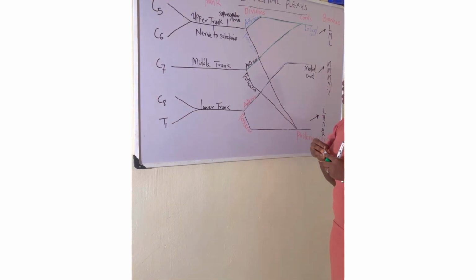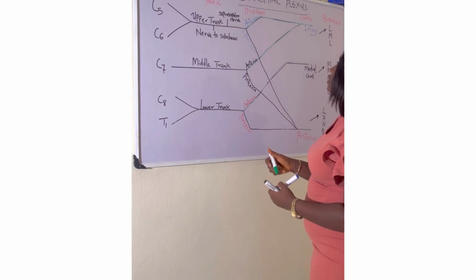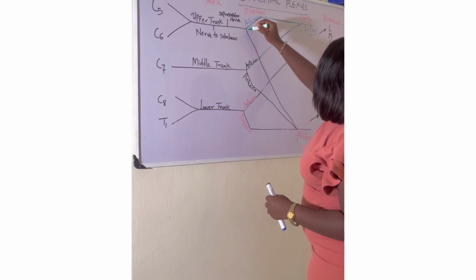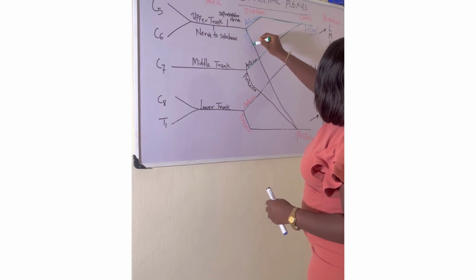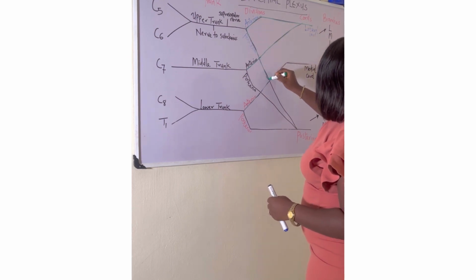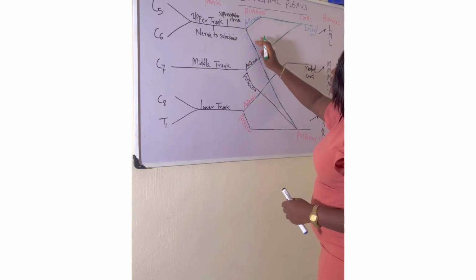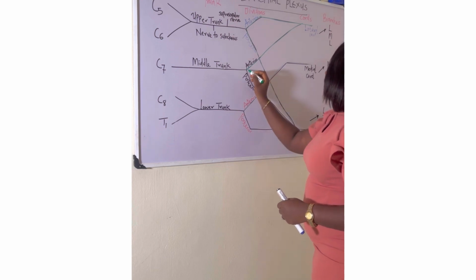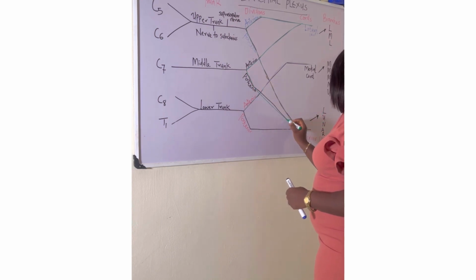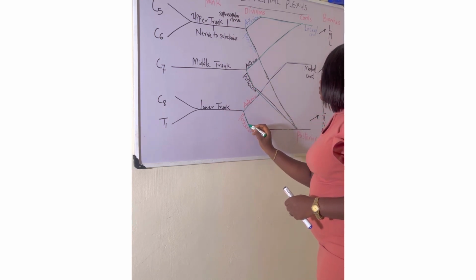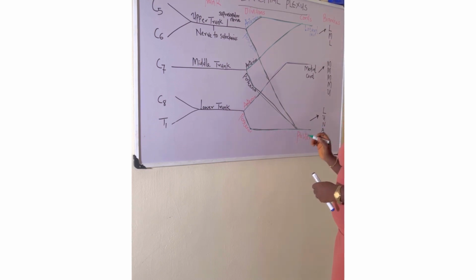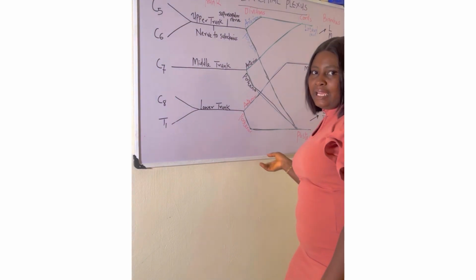Now let's go over to the posterior cord. The posterior cord is formed by the posterior divisions of the upper trunk, the middle trunk, and the lower trunk. So let's take it again.